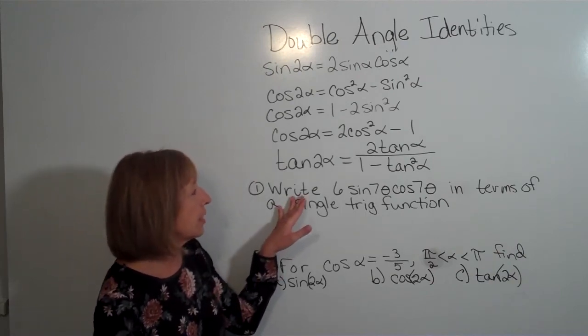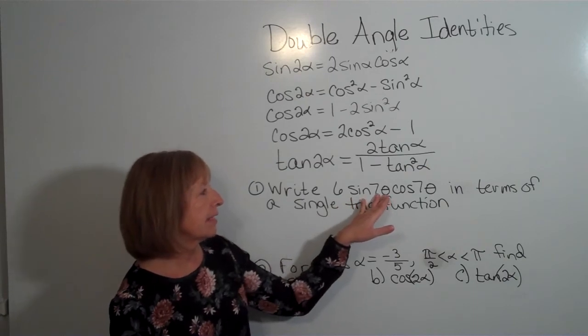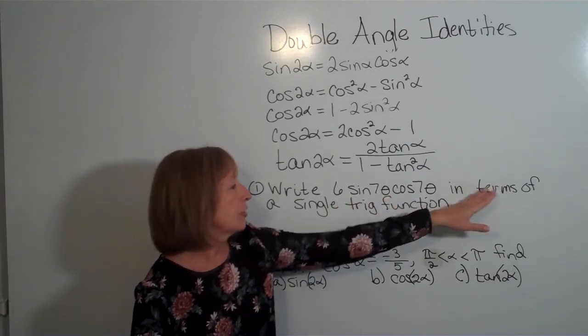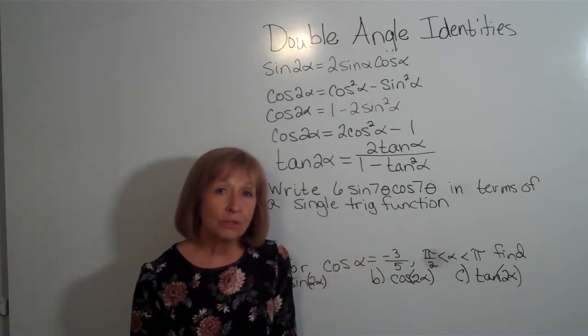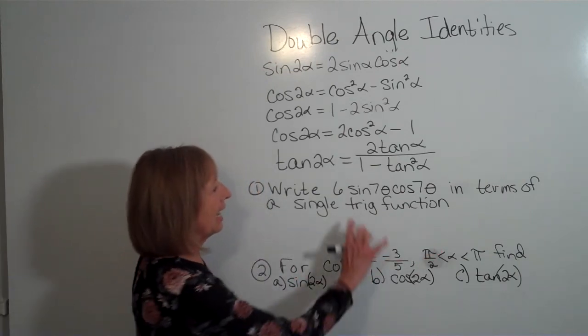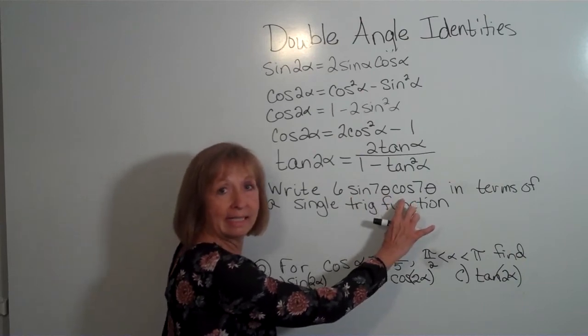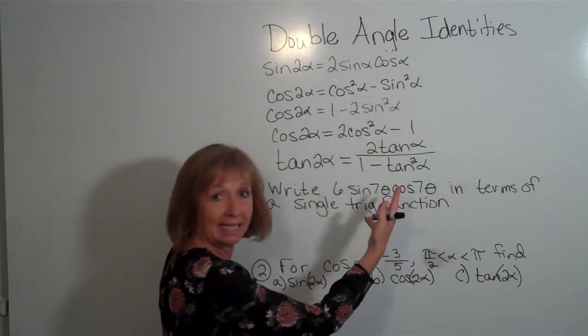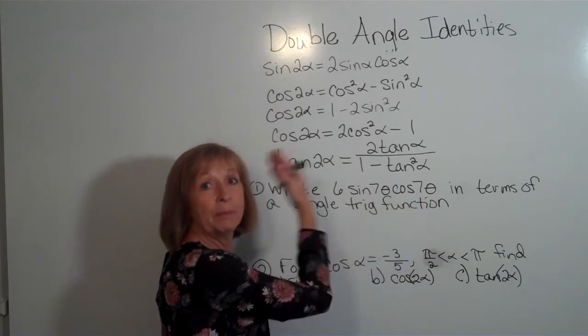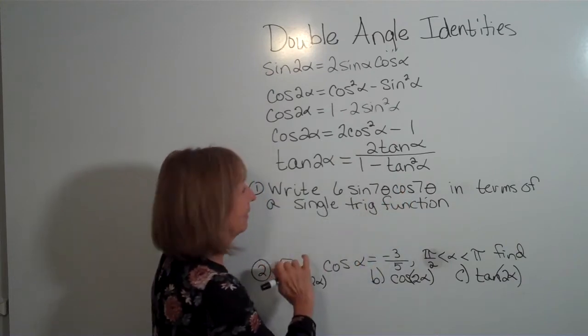So the first one says, write 6 sine 7 theta cosine 7 theta in terms of a single trigonometric function. So with this one, I'm actually looking at this as, is it the output of the right-hand side of one of these identities? And if so, how do we pack it back to the left-hand side?